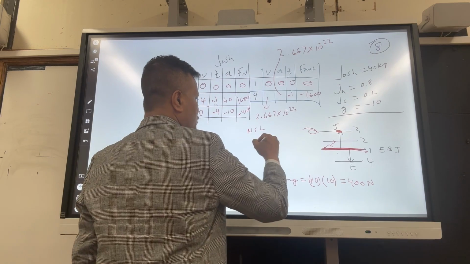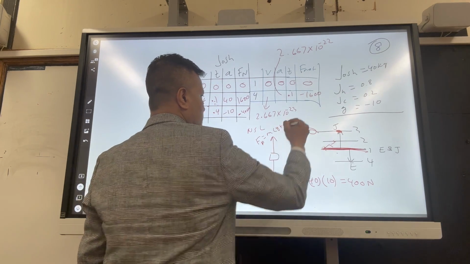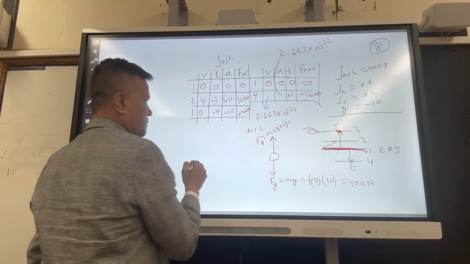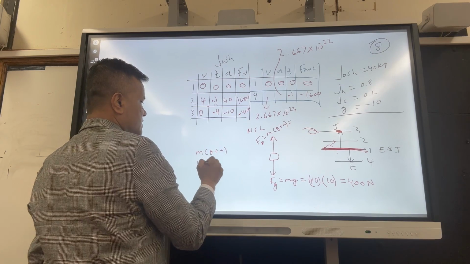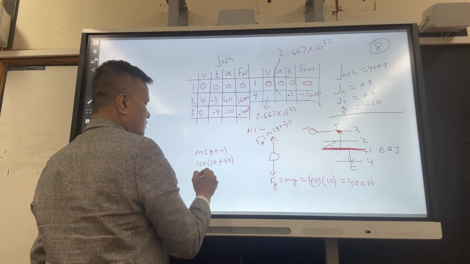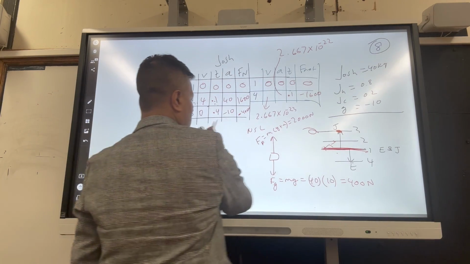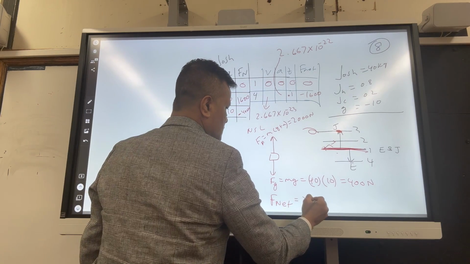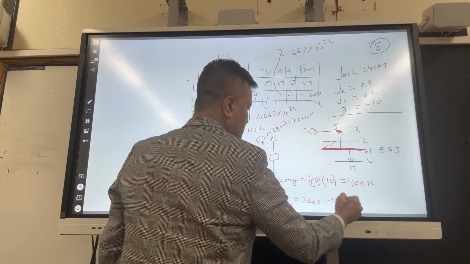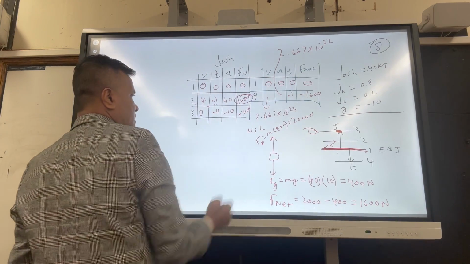This is F push, which is m times g plus a. M is 40, g is 10, a is 40, so 40 times 50, 2000. Okay, good. So net force is 2000 minus 400, so 1600 Newton, and that checks.